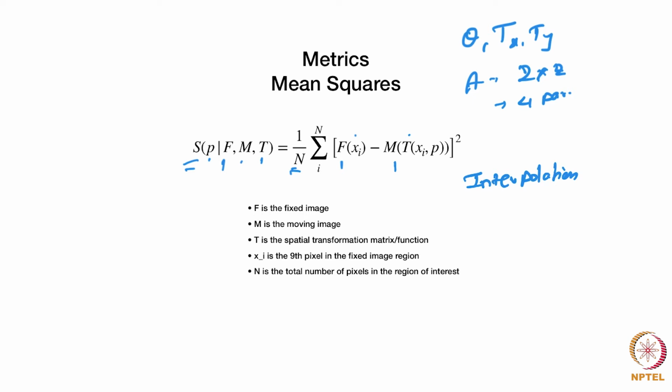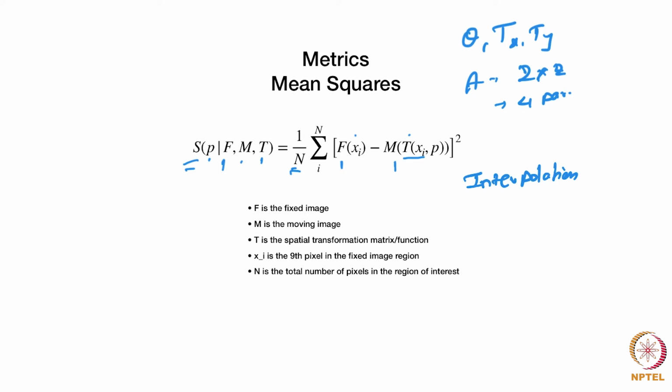You will have to do an interpolation to estimate the pixel intensity values at T of xi after the transformation. This is where interpolation comes in. Typically you use linear or bilinear interpolation. We won't get into the details, but we can talk about it in a later lecture.